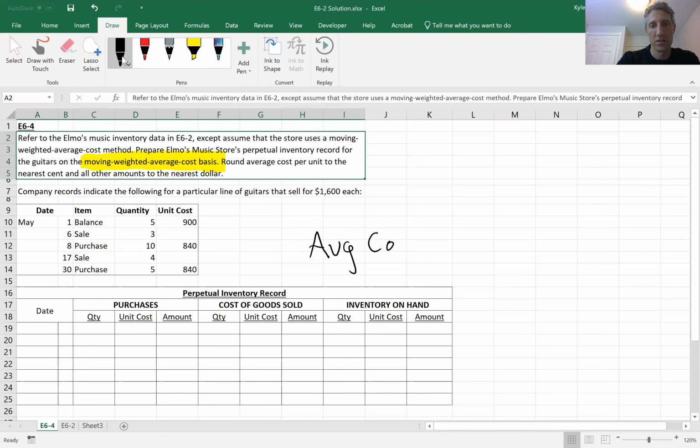Average cost is equal to the total value of our purchases, and since I'm talking about a value, this is expressed in terms of dollars, divided by the number of units.